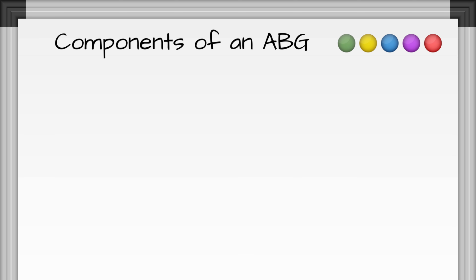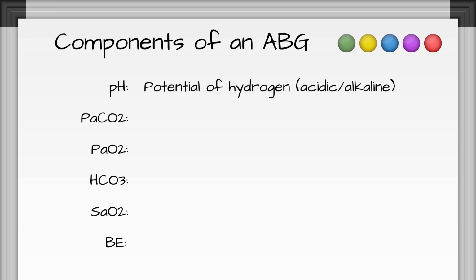Before I move on to the next topics, I need to discuss the components of an ABG. Every ABG provides the following information: the pH, PaCO2, PaO2, HCO3, SaO2, and base excess. The pH is a measure of how acidic or alkaline the blood is.